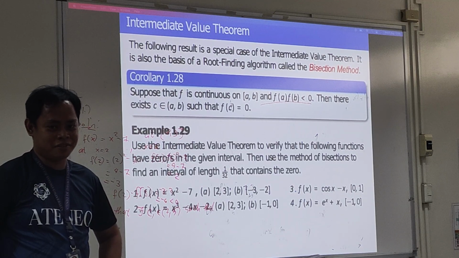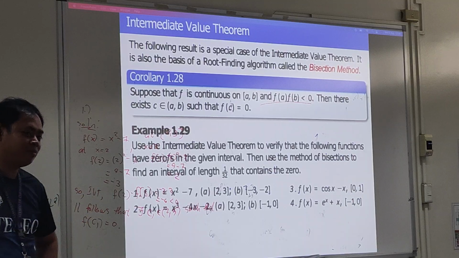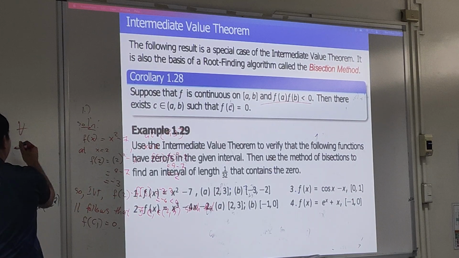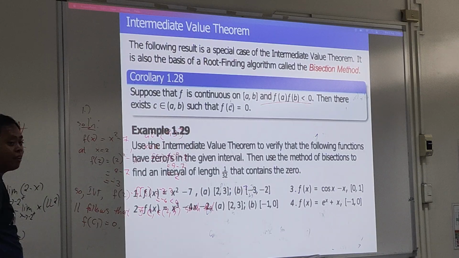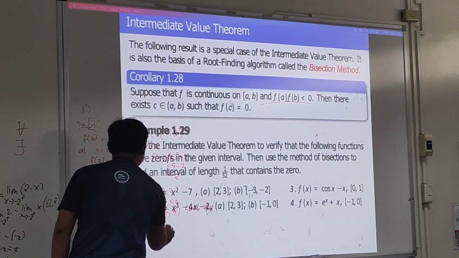Symbol. Existence. Diba for all, this is one for universal for all. For existence, there exists U1.